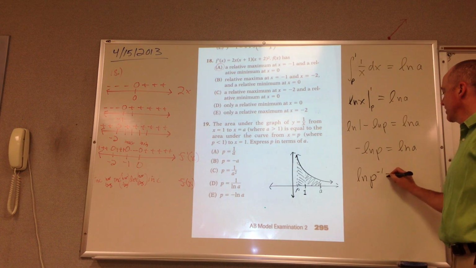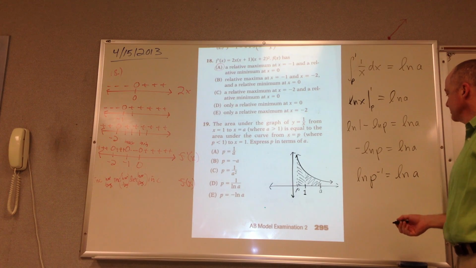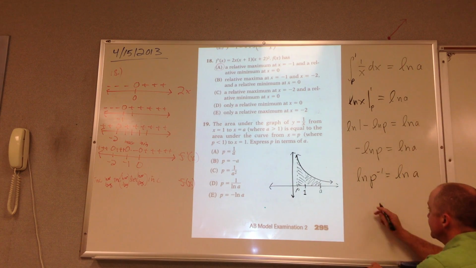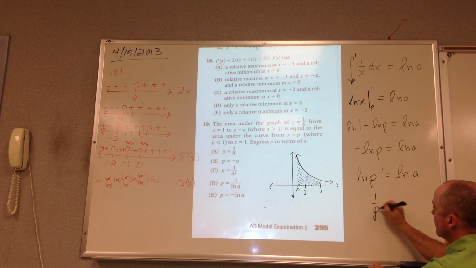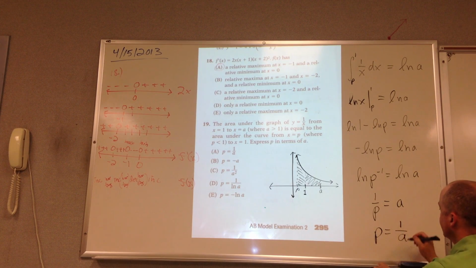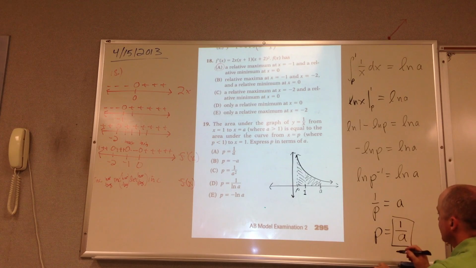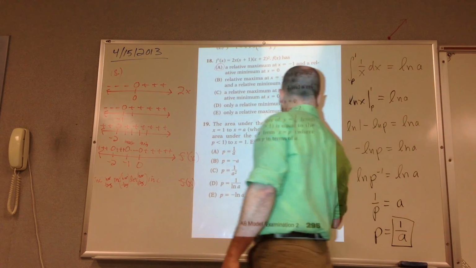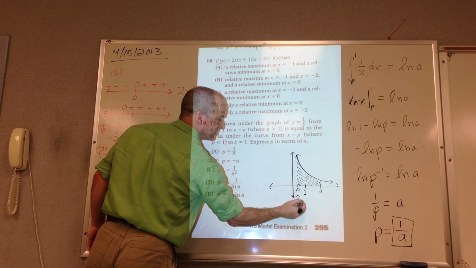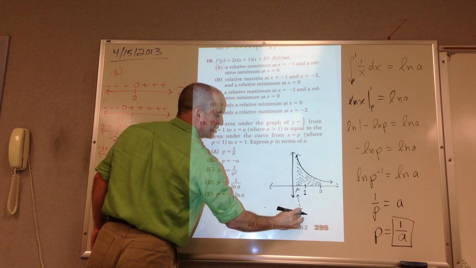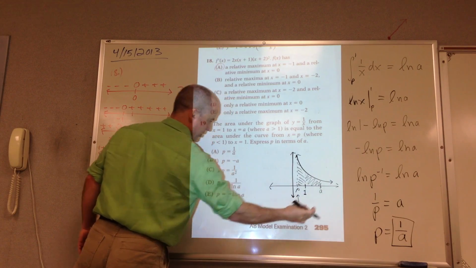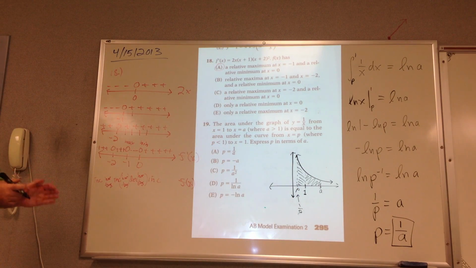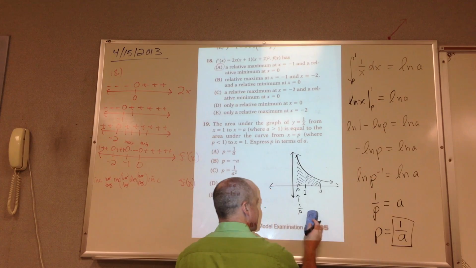So that's p to the negative 1, which means now I can drop the natural logarithms. p to the negative 1 is 1 over p, which is equal to a. So I would say 1 over a is the value to which you would go to the left to get the same amount of area you would get going to a to the right. Does that make sense?